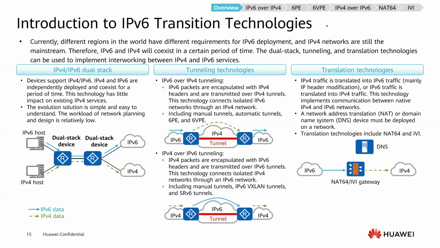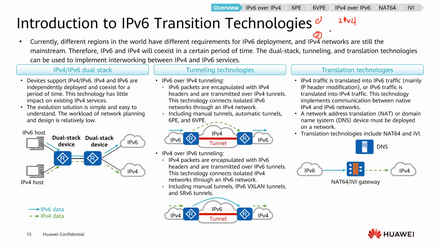During the early stage of the v4 to v6 transition, most of the network is IPv4, so you need to consider how to use the IPv4 network to transfer the v6 traffic.